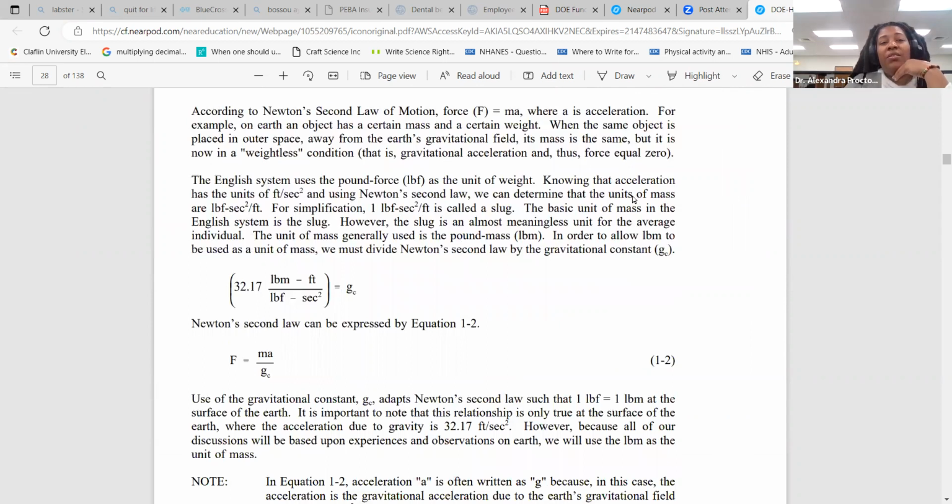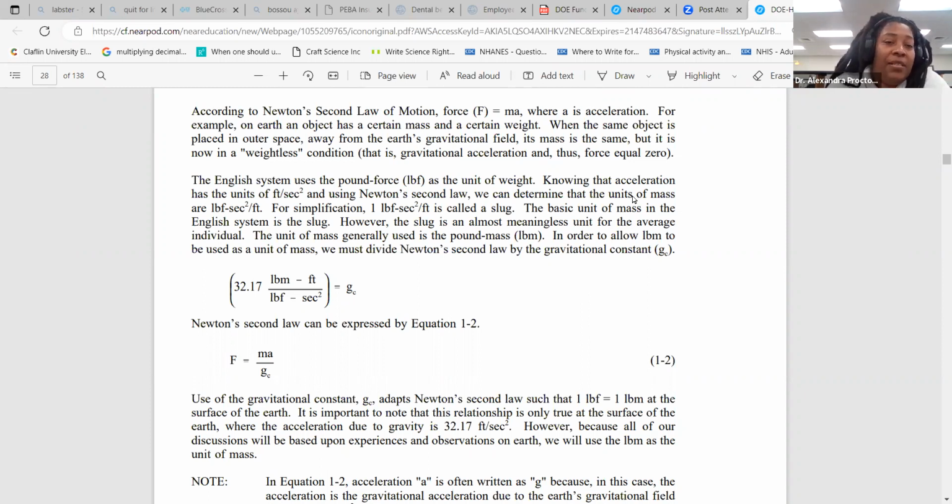So according to Newton's second law of motion, and here's another equation, force is equal to mass times acceleration, where a is acceleration. Gravity is another way of talking about acceleration, okay? So for example, on Earth, an object has a certain mass and a certain weight.